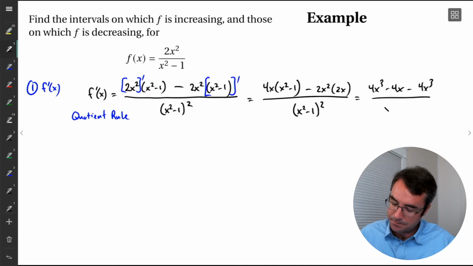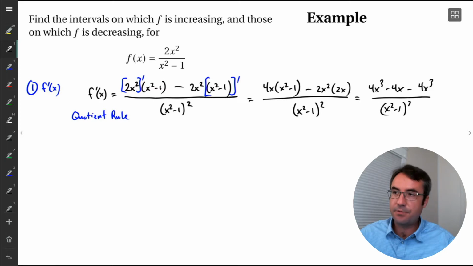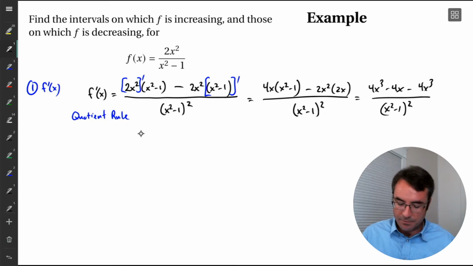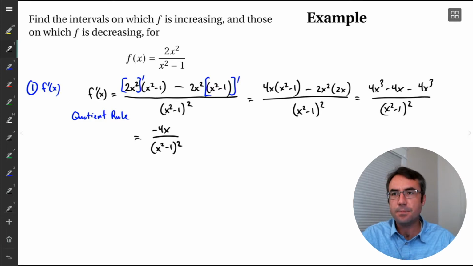Oh, nice. Simplifies kind of nicely. So the 4x cubes are going to cancel. And what we're left with then for our derivative is negative 4x over x squared minus 1 squared. All right, so that's our derivative. It's about as simple as we can get it.